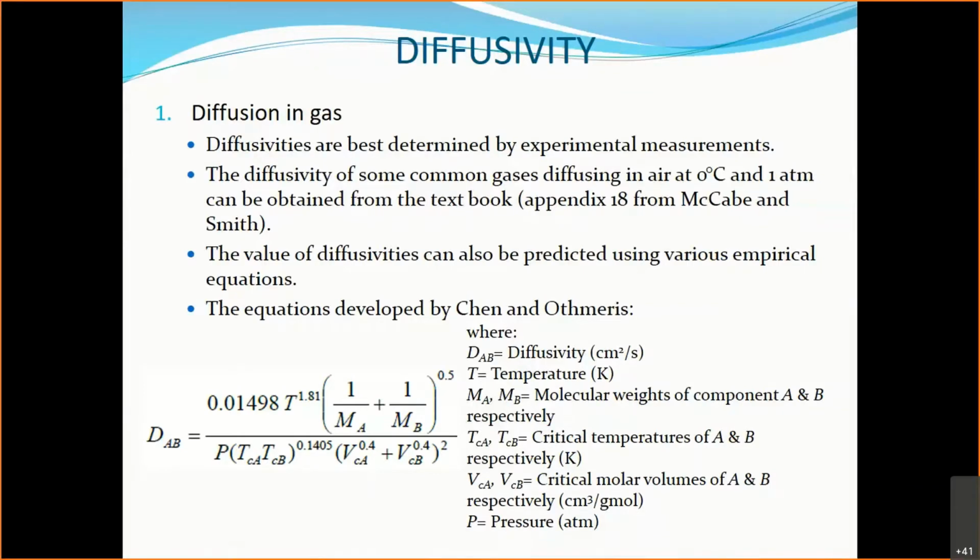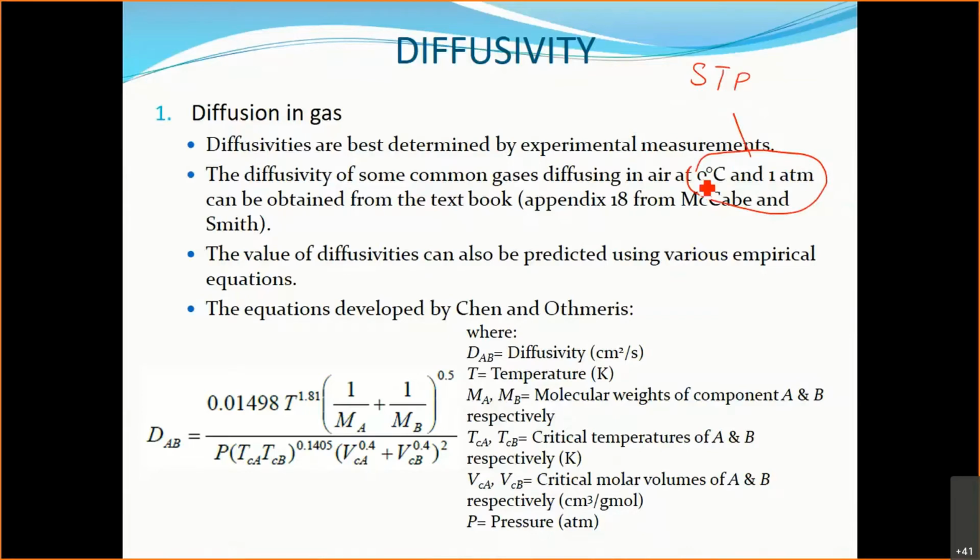Remember, 0 degrees Celsius and 1 atm is also known as STP, standard temperature and pressure. So if a question says that the system is at STP, you should automatically know that the temperature is 0 degrees Celsius and the pressure is 1 atm.